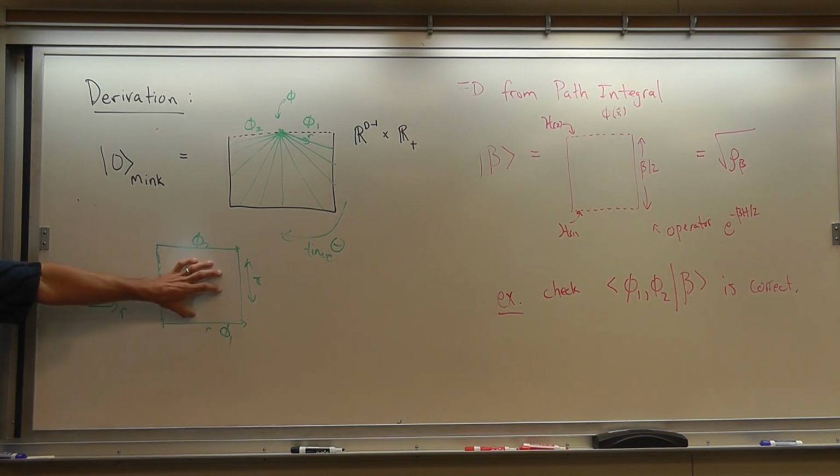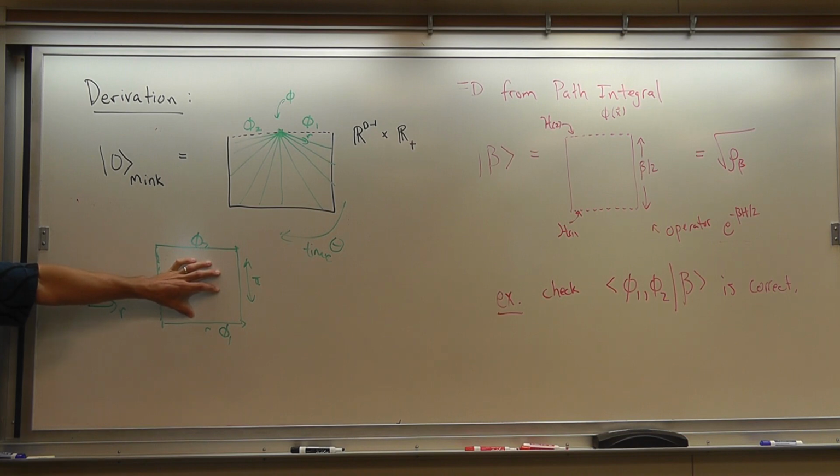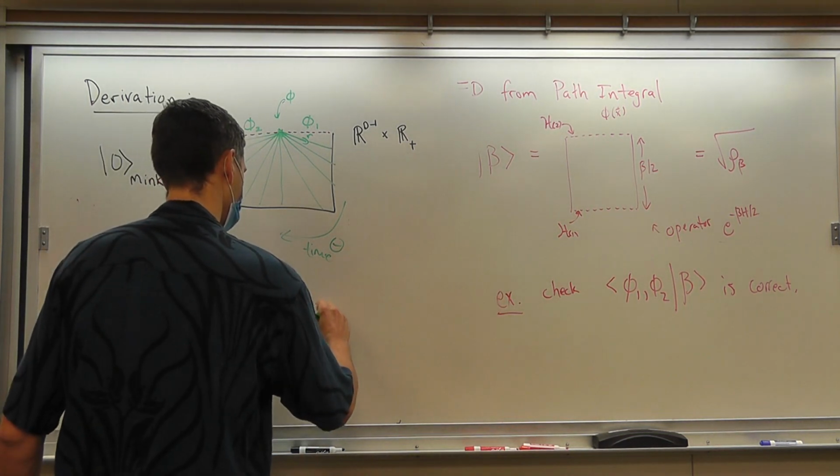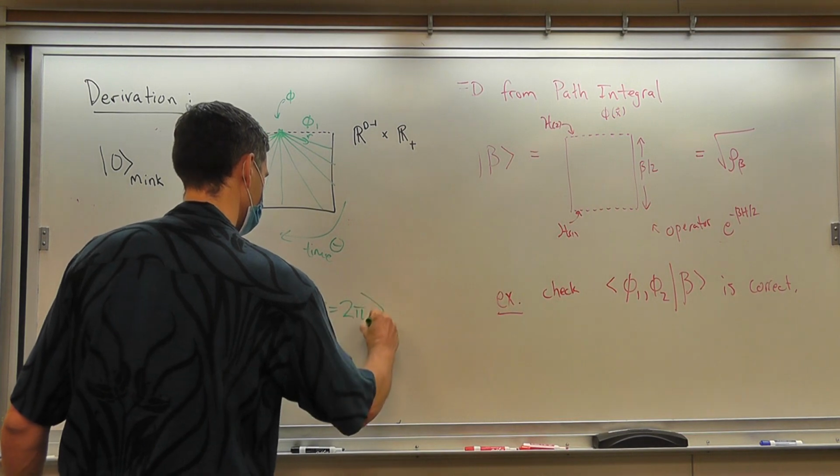But this picture is exactly the picture for the thermofield double state that we just said. So this is the state beta equals 2 pi.